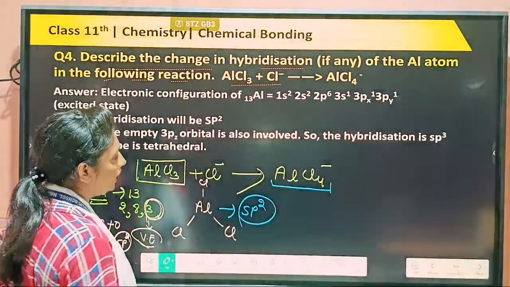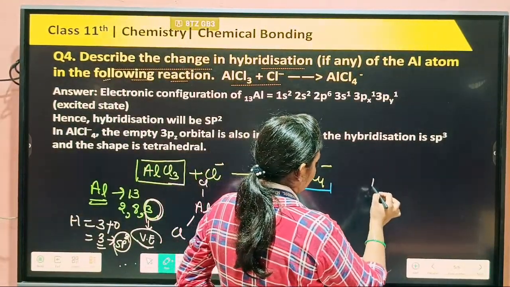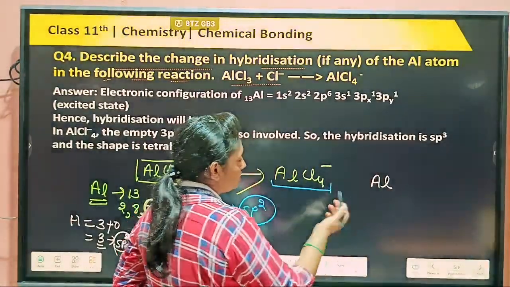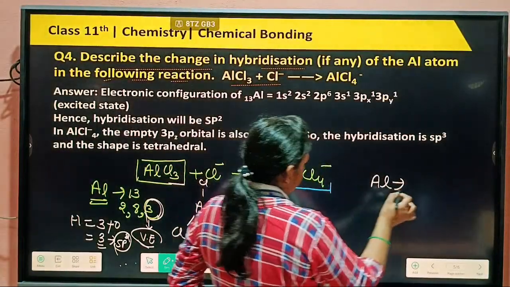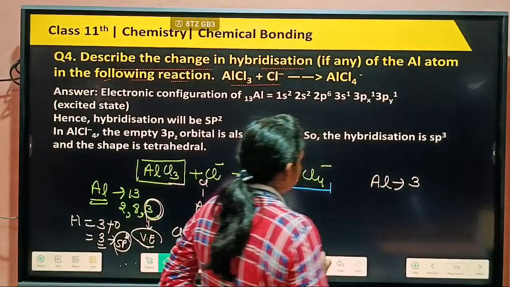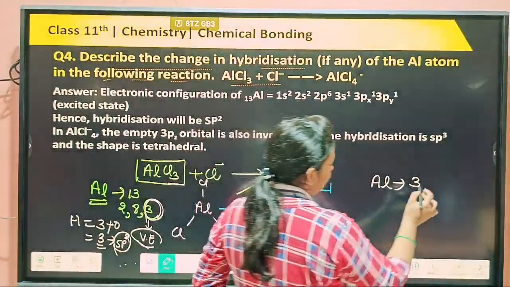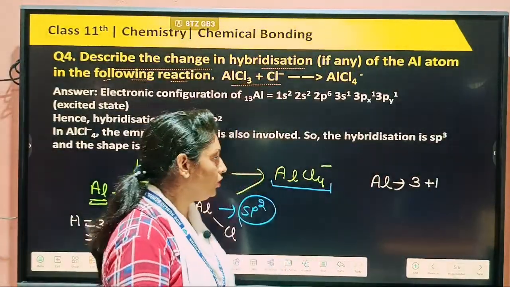Now see what the hybridization will be in this one. Here Al has 3 valence electrons, and the 1 negative charge shows that it is gaining one more electron.